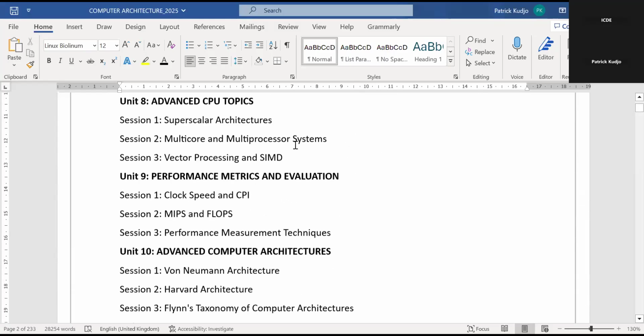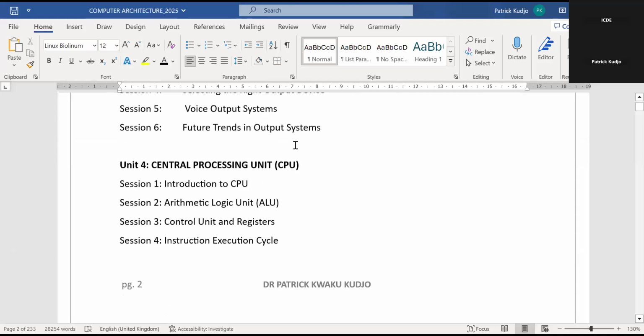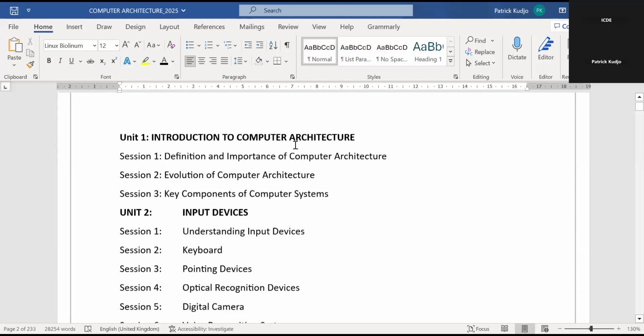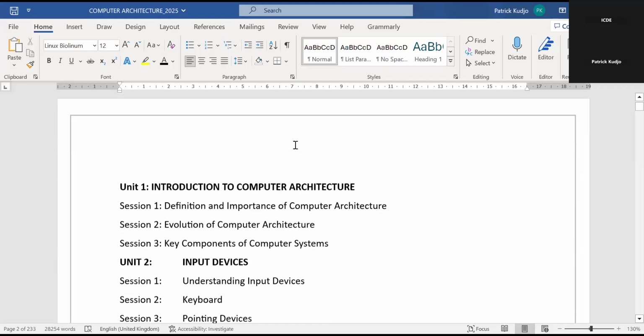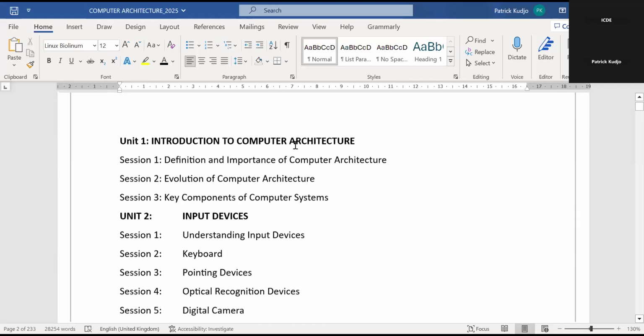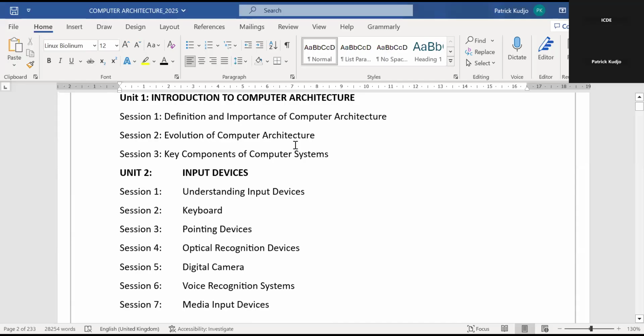This should be the outline, and I understand how your curriculum is. What it means is that we have to put in a lot of effort to be able to successfully complete all the topics listed here.